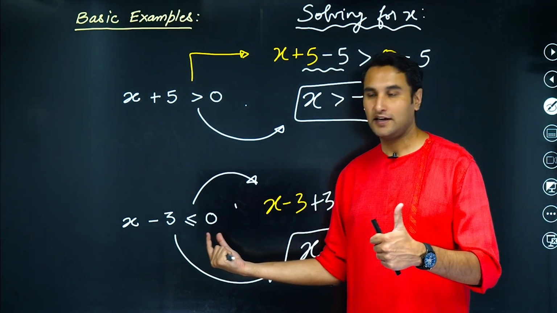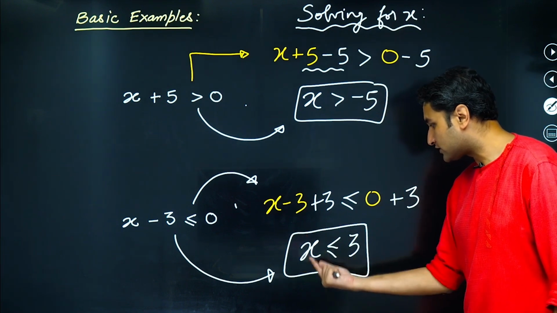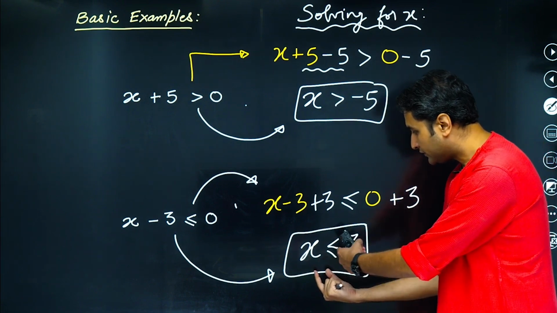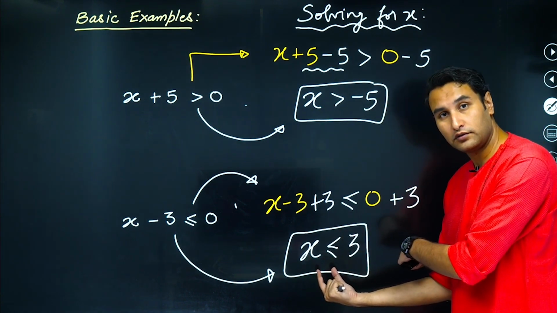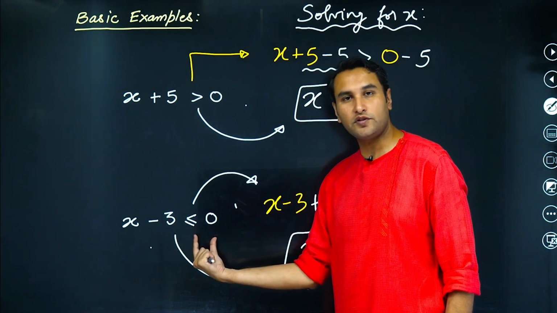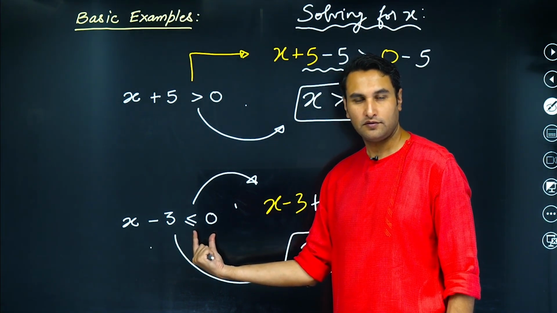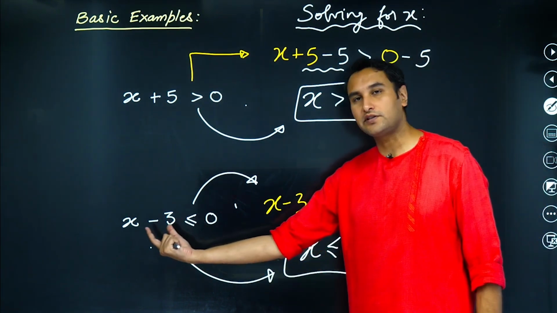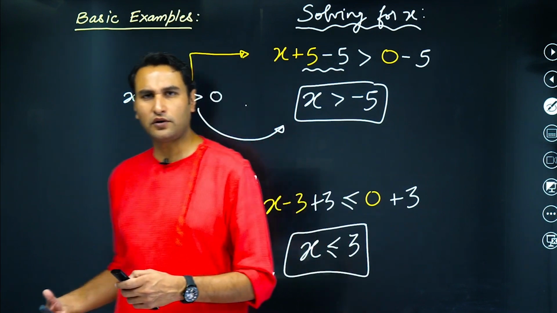It satisfies. Let's take a number which is not in this solution range. Say, let's take a number greater than 3. Let's take 4. 4 minus 3 is 1. Is 1 less than or equal to 0? No. Right? So 4, which is not part of this, does not satisfy this. Correct. This is good.